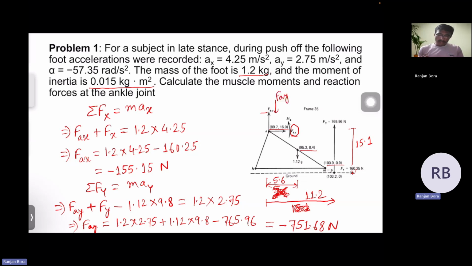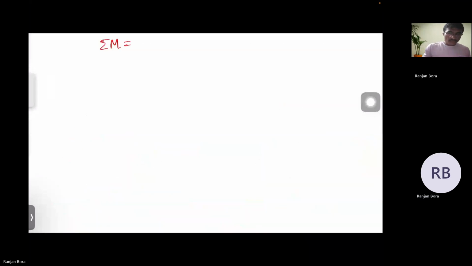Okay, so we have found out the reaction forces Fx and Fay. Now we need to find out the reaction moment Ma. So we'll take the moment equilibrium about the ankle joint. Here summation M equal to I alpha.